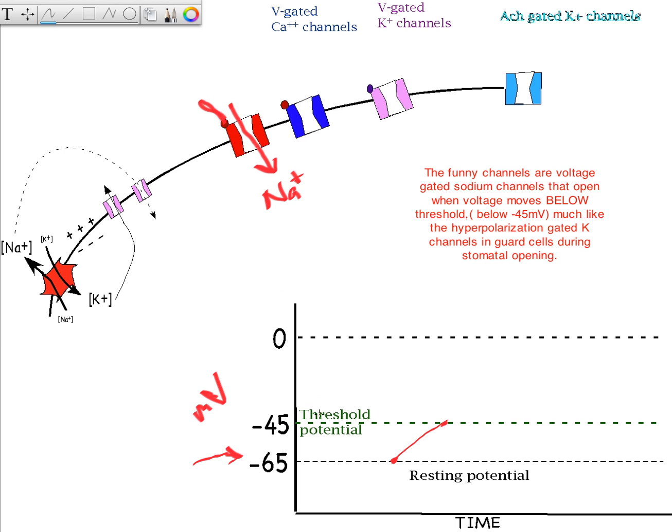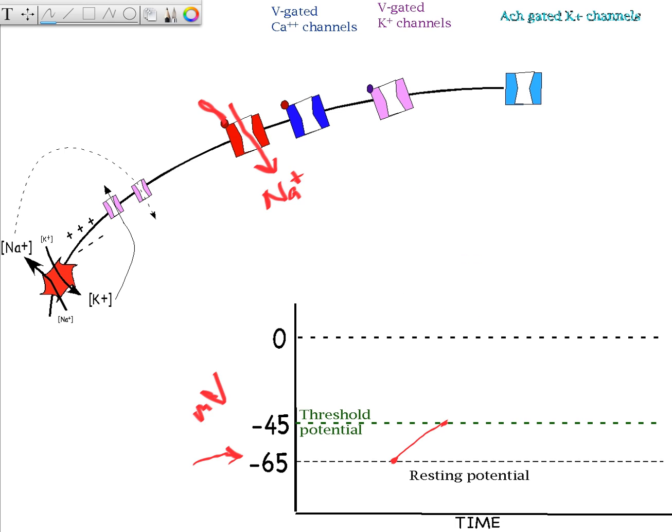Well, the funny channel is always open when the membrane potential is less than threshold potential, in this case less than minus 45 millivolts. Once threshold potential is reached, you have closure of the sodium channels known as funny channels. So now that we're at threshold, and anytime we're above threshold, the funny channel is closed.